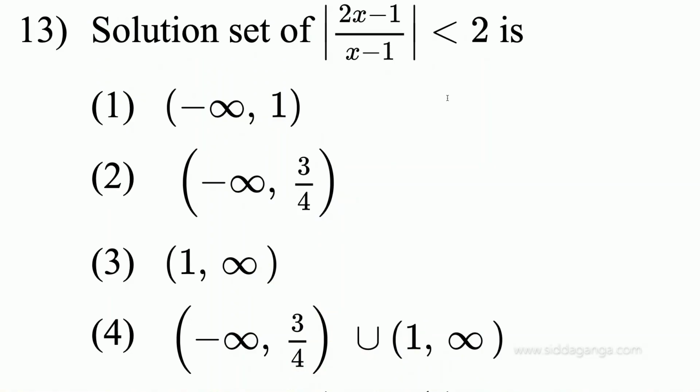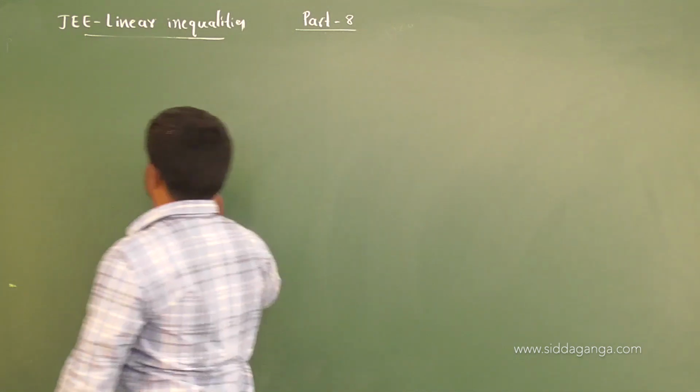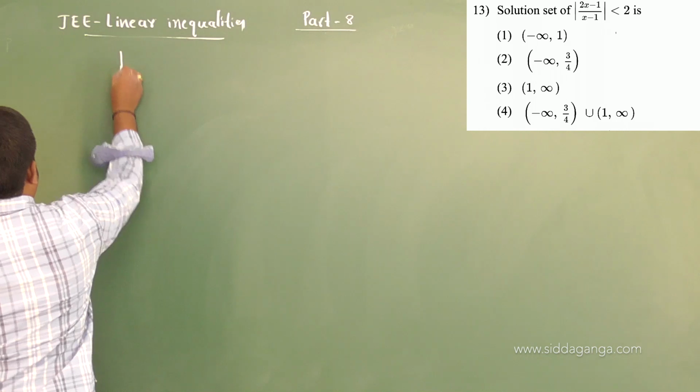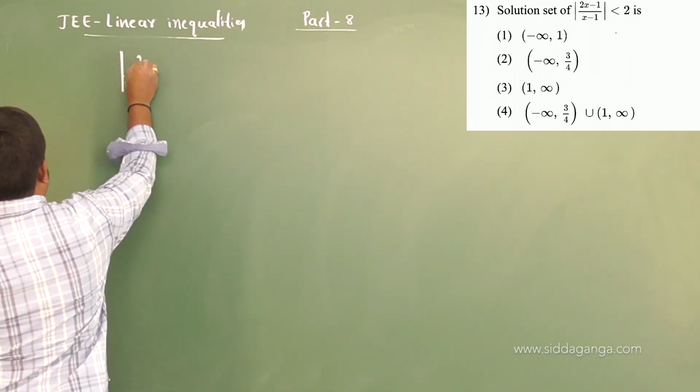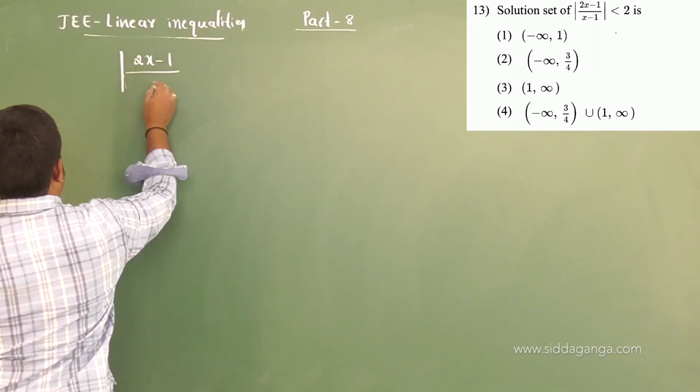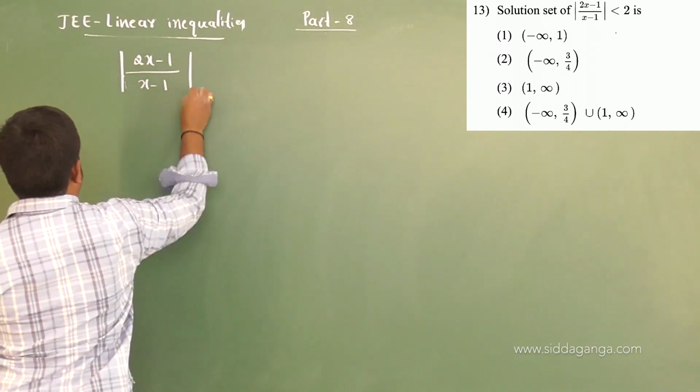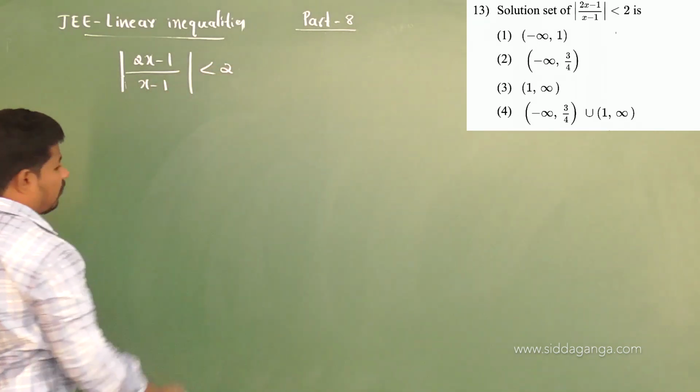Let me move to question number 13. The solution set of modulus of 2x minus 1 by modulus of x minus 1 less than 2. Modulus of 2x minus 1 by x minus 1 less than 2. This is true for what values of x?